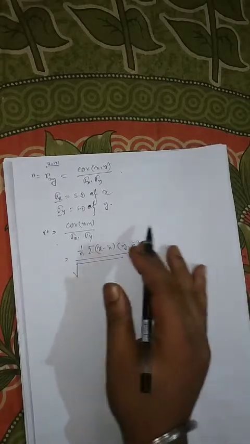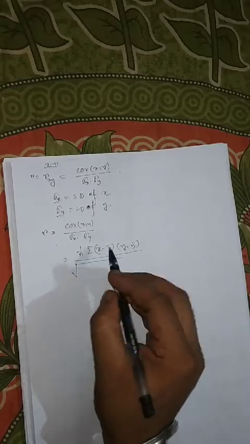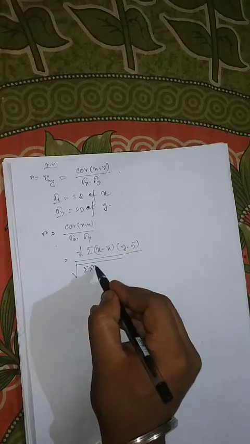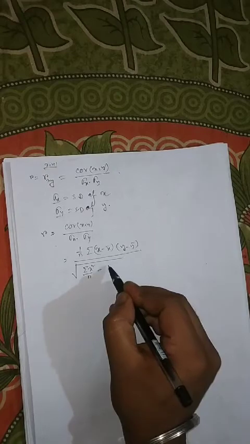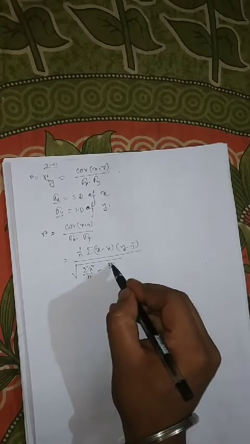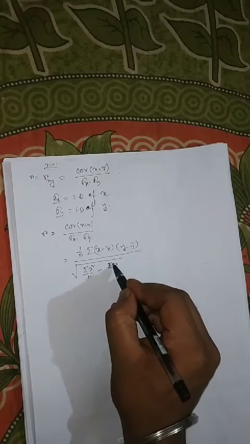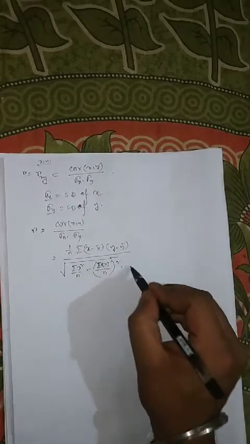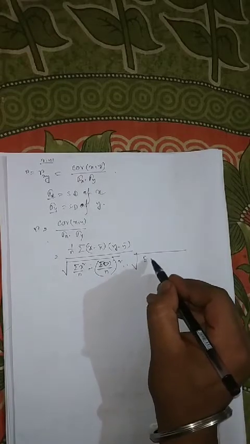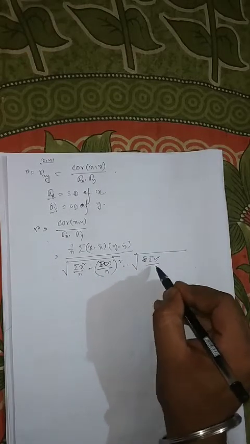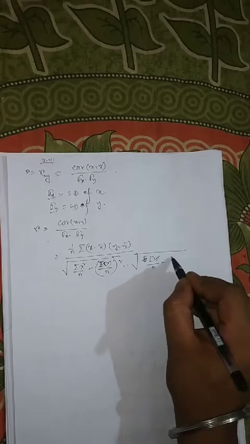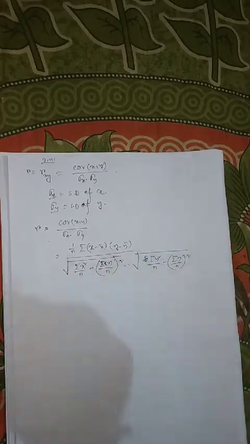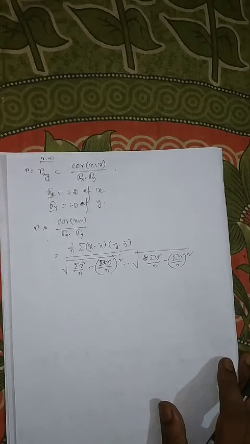This formula is root under summation x square by n minus summation x divided by n whole square, into root under summation y square divided by n minus summation y by n its whole square. Okay, so this is the formula we used to know, right?